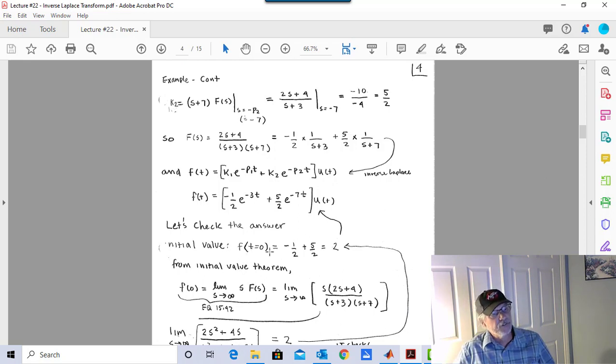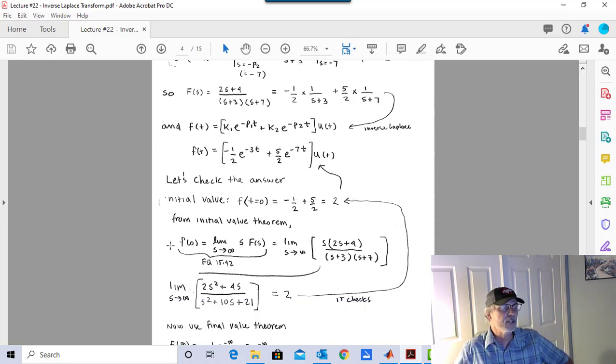Actually, first, let's evaluate our function at t equals 0. Here's our function. This is going to turn into 1. This is going to turn into 1. So we're going to have minus 1/2 plus 5/2 equals 2. So that's what our time domain function gives us.